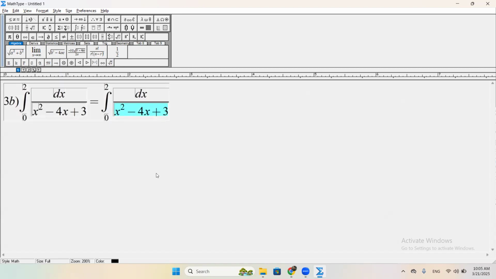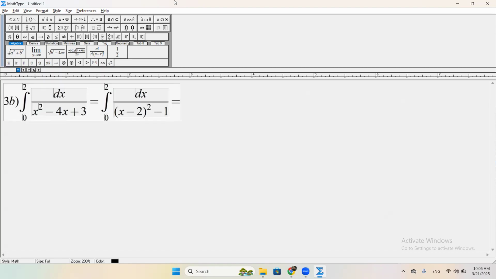Let's transform it: x minus 2 squared, minus 1. So x squared minus 4x plus 4 minus 1. Yeah, okay.